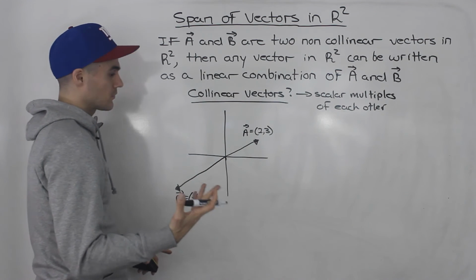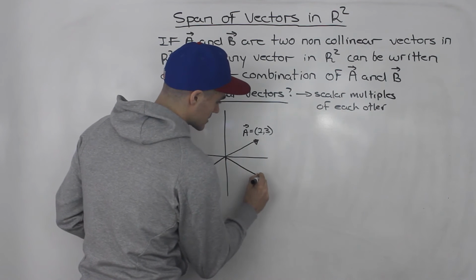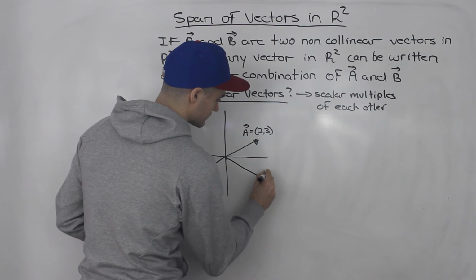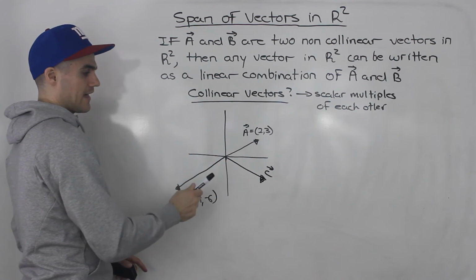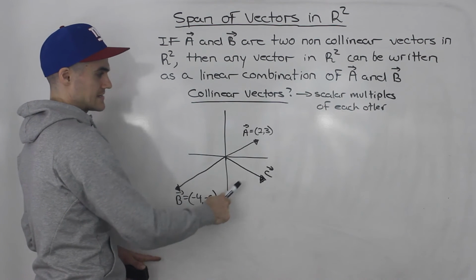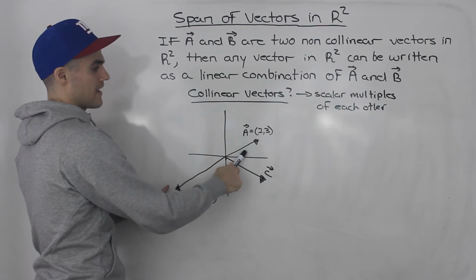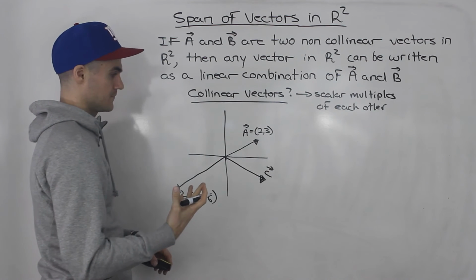And now let's bring in a random vector C again. So let's say C looks like this. Now the question is, can we write C as a linear combination of A and B? And the answer is no, we can't.